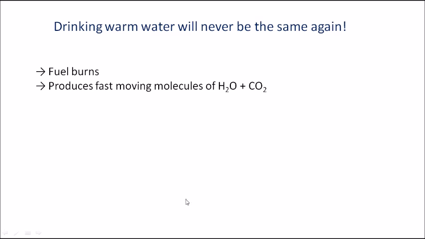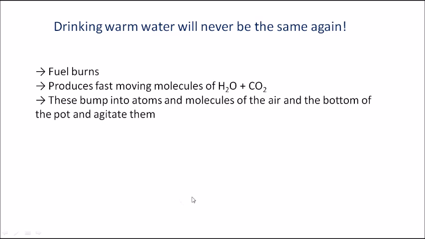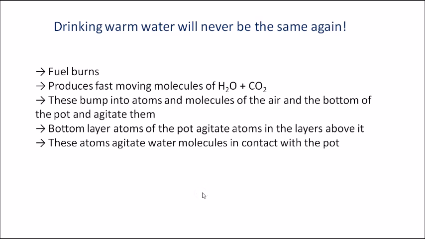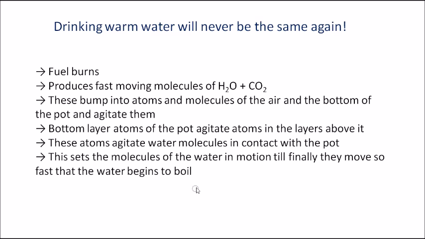These bump into atoms and molecules of the air and the bottom of the pot. The atoms of the bottom layer of the pot agitate the atoms in the layers above it. These atoms bump into the water molecules which are in contact with the pot. This sets the molecules of the water in motion till finally they move so fast that the water begins to boil.